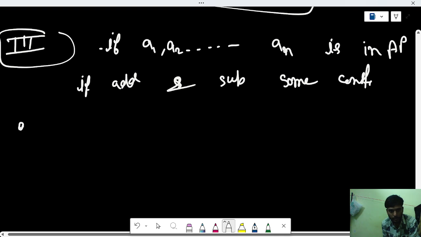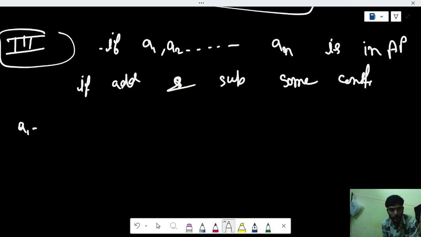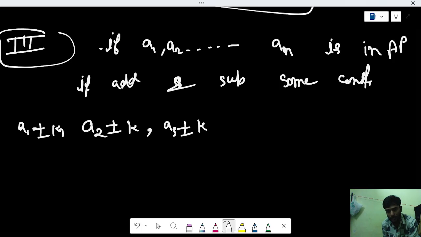For example, A1 ± 3, A2 ± 3, A3 ± 3, and so on, An ± 3 is also in AP.